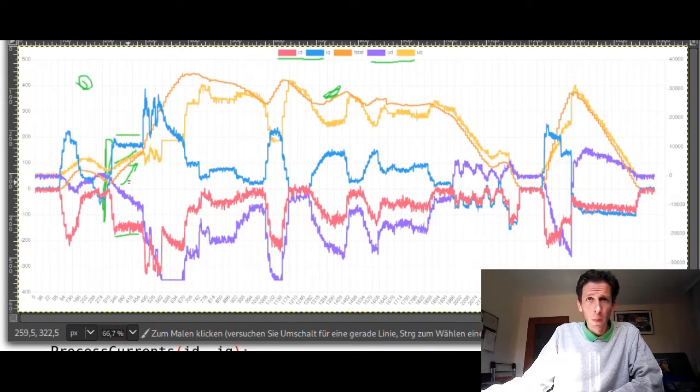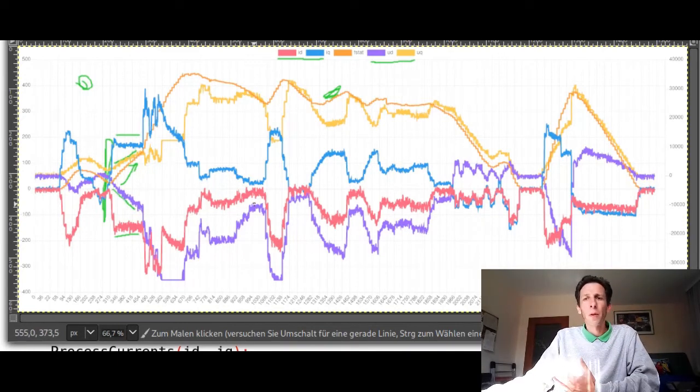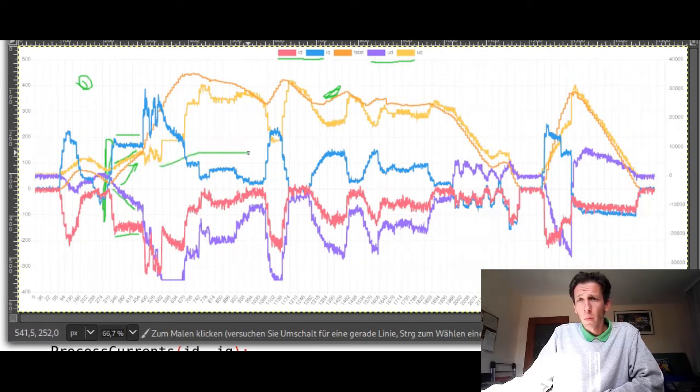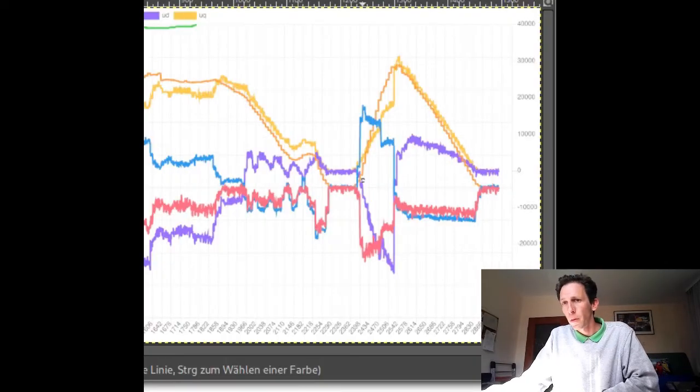It has a slope, and that's because, like I said, the required voltage to obtain the current is frequency dependent. Yeah, and then here we see some miscellaneous driving with regen and acceleration. And at the end I made another test run to see the switch from acceleration to regen, and that also has an interesting detail.